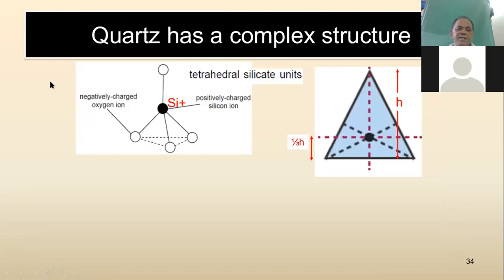We can think of it as this is your structure. Silicon at the center there, silicon is a positively charged ion, and oxygen at the end there. This is a 2-dimension drawing; it's a 3-dimension structure. Same oxygen there, negative ion, positive ion.